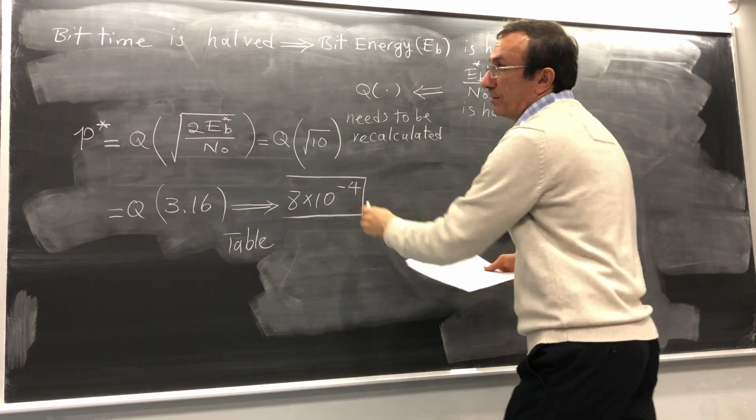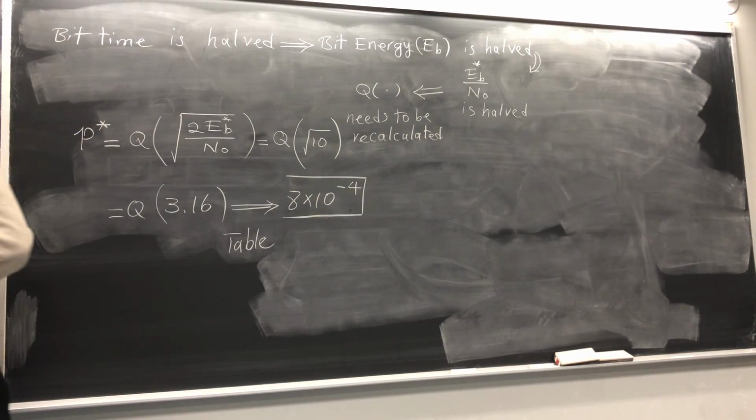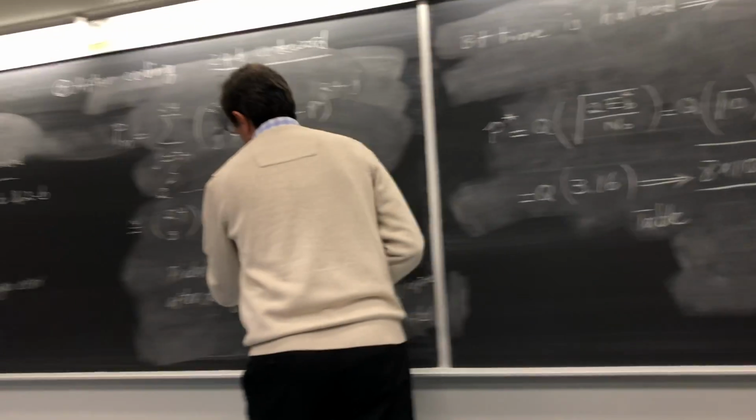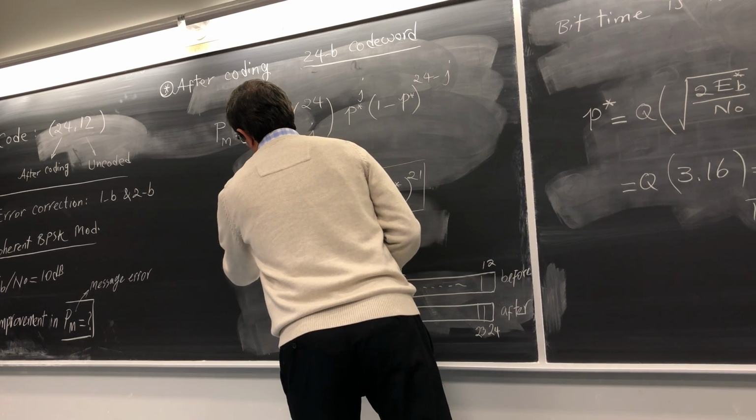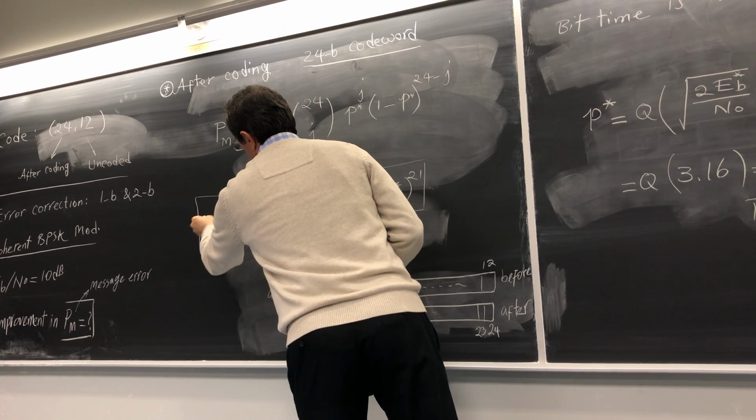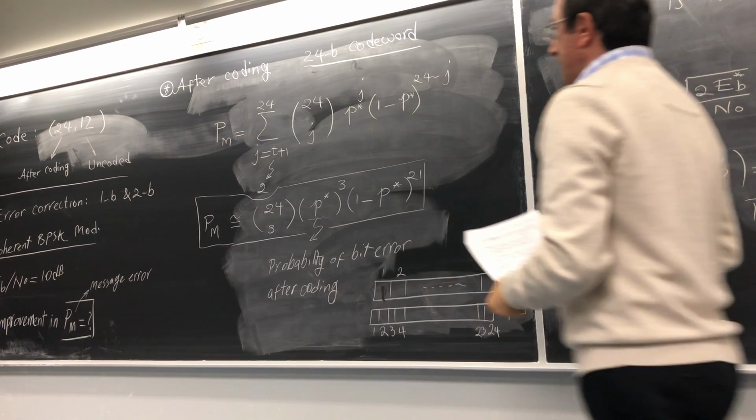So this is P star, and this is the relationship that gives us the value of probability of message error.